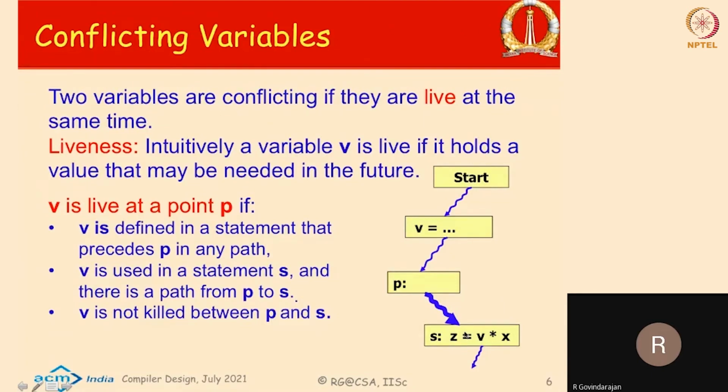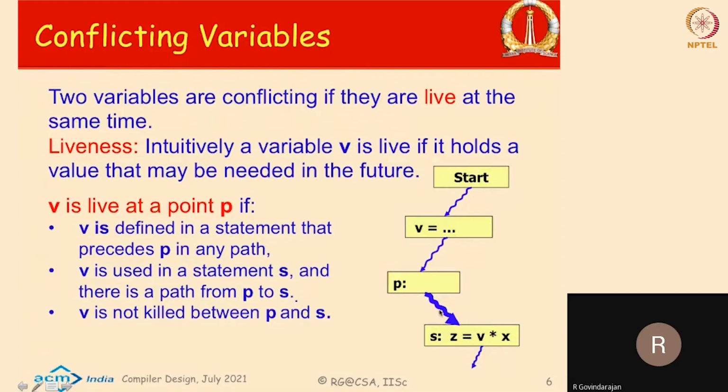The question is, is v live at program location p? Should the value of v be kept carefully when you are executing program location p? We can't discard the value of v, because it is going to be used subsequently, and there is no other definition of v on this path from p to s.